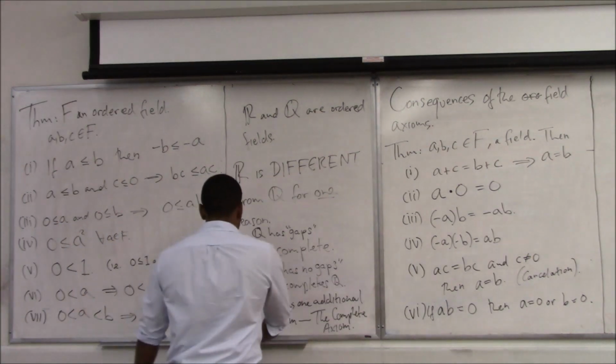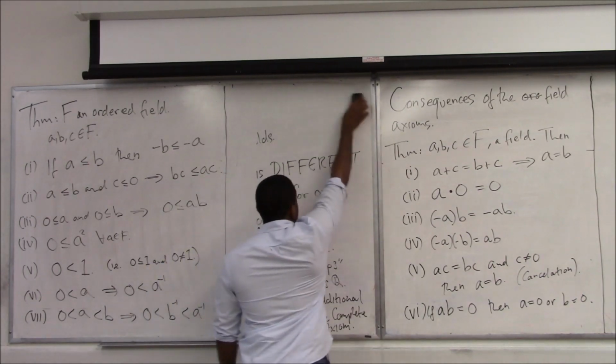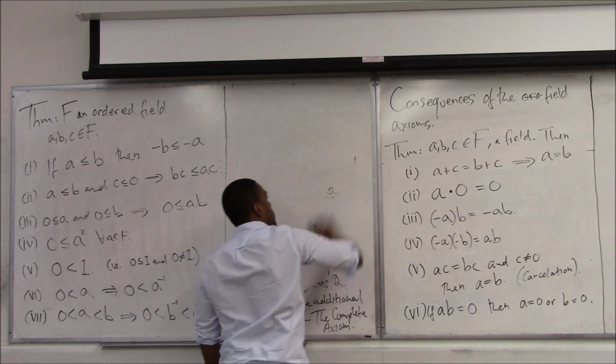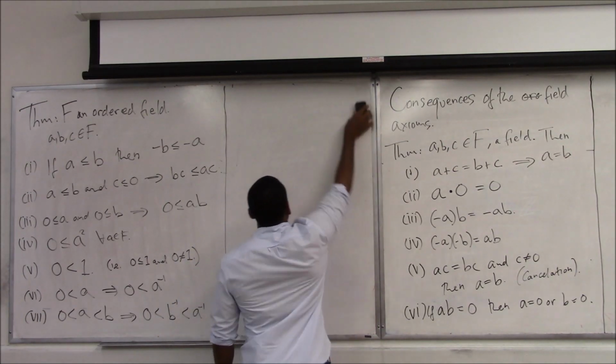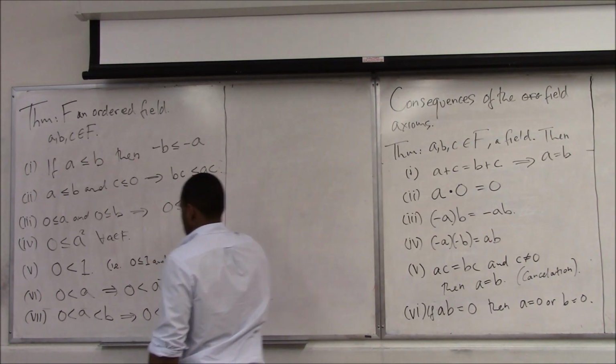So these are theorems. They're things that you should not take as obvious. These are things that had to be proven at some point. Your book proves a lot of them, and there are others to prove in the homework.